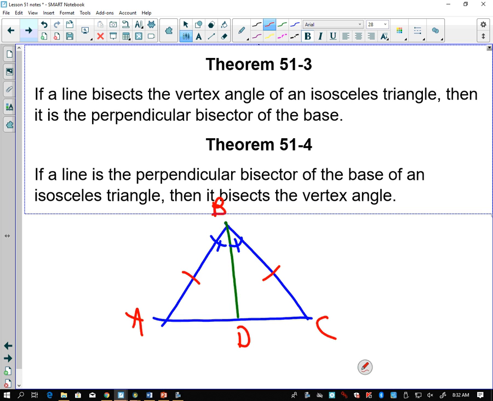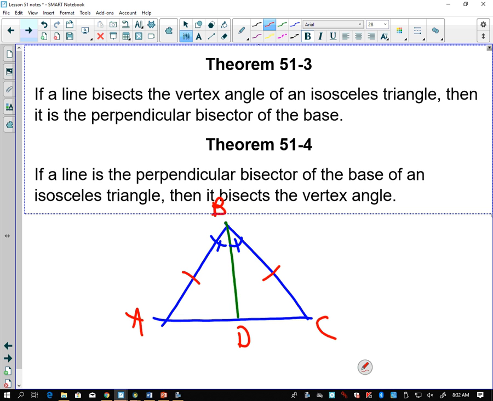It's perpendicular. So what could I draw in here to represent that it's perpendicular? How do I represent two lines being perpendicular to each other visually?